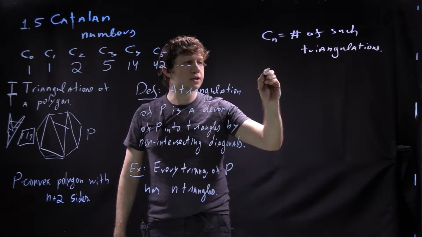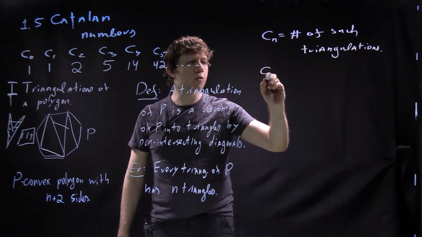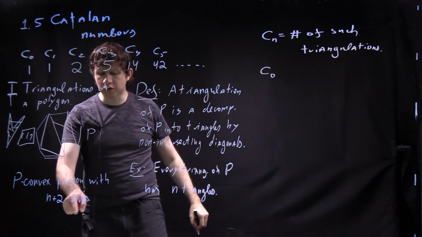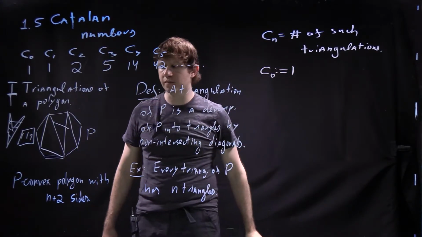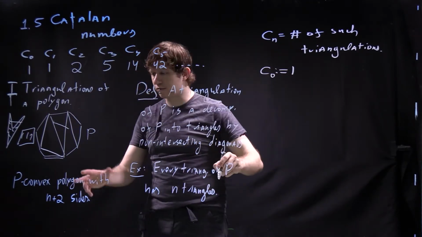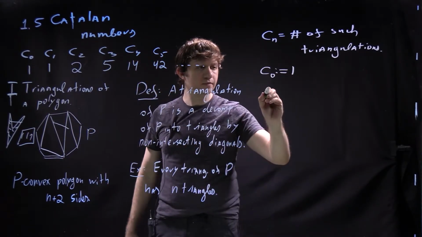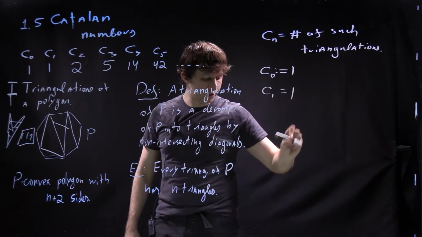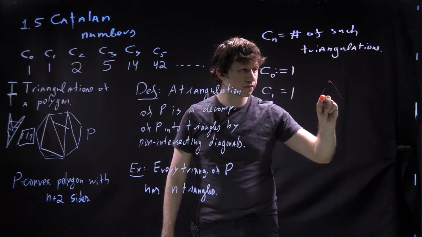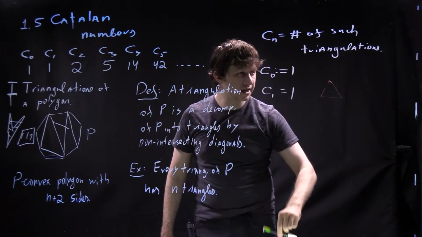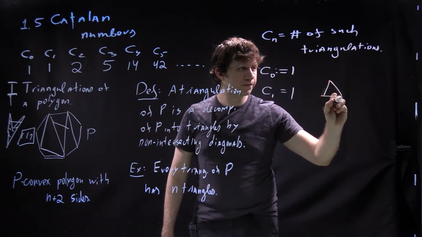So let's start with C0. C0 is a triangulation of a 2-gon, and I will put it equal to 1. That's more or less by definition, because it's not exactly clear how to triangulate a segment. And C1 is obviously 1, and the picture is, of course, just a triangle.